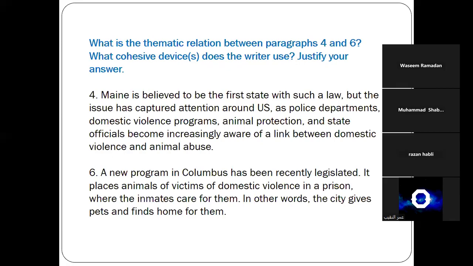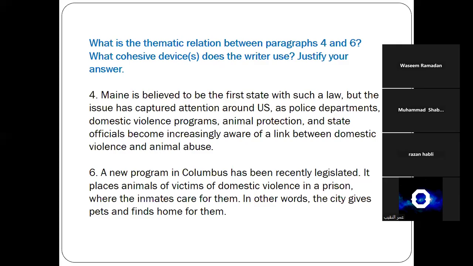Okay, now, from the girls, who wants to read? Razan, let's say. Read the question and then let's go into the paragraphs. What is the thematic relation between paragraphs 4 and 6? What cohesive devices does the writer use? Justify your answer.